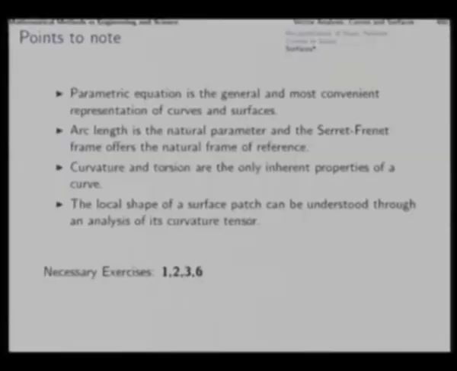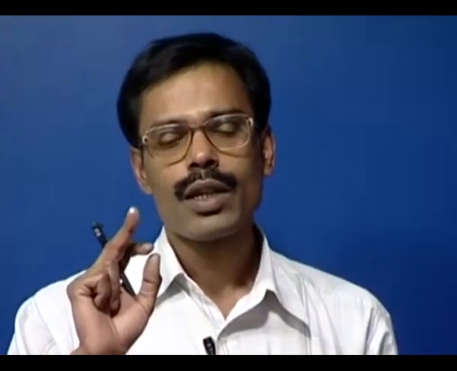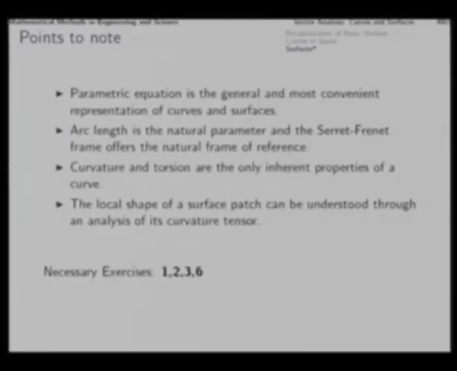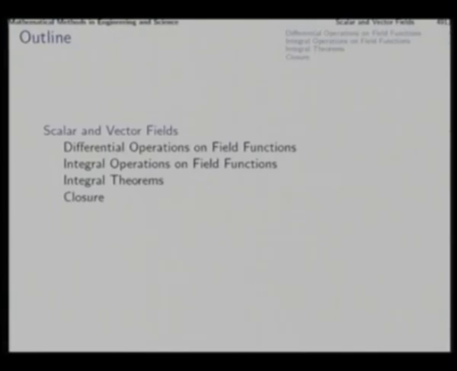Finally, for a surface patch, the local shape can be understood through an analysis of the curvature tensor, which is found by exploration of how the surface normal changes as we move in the immediate vicinity of the surface around a given point.